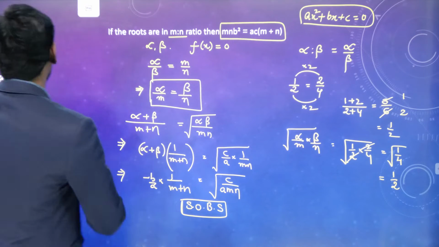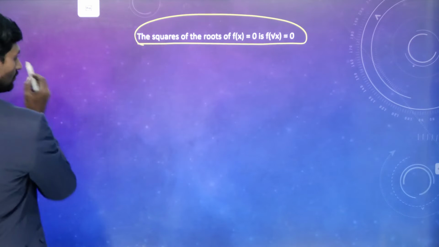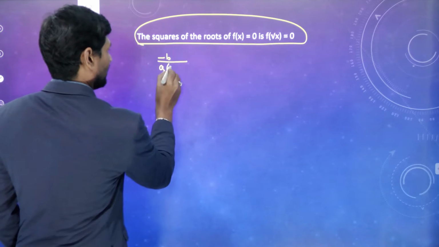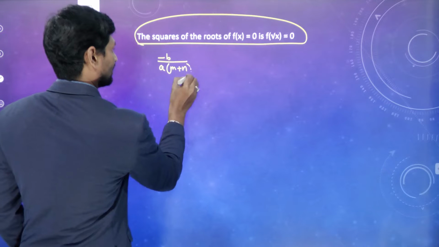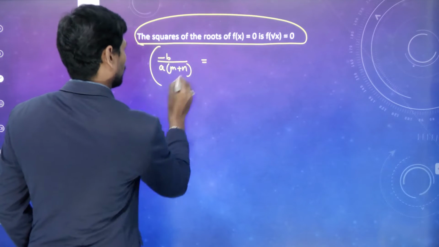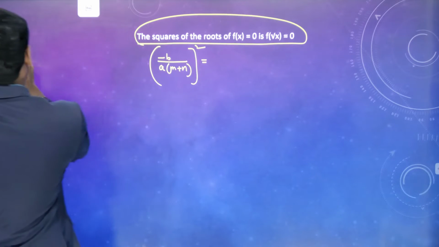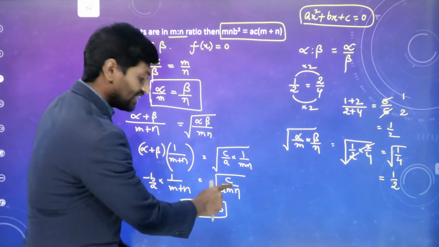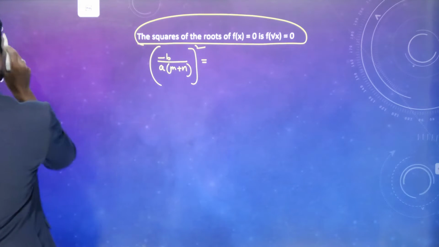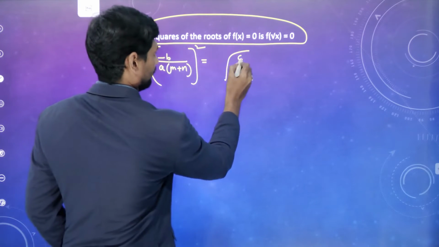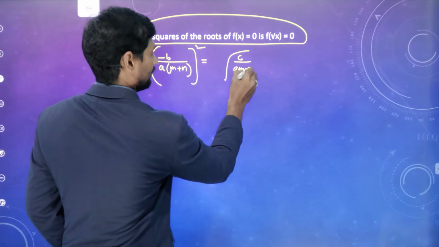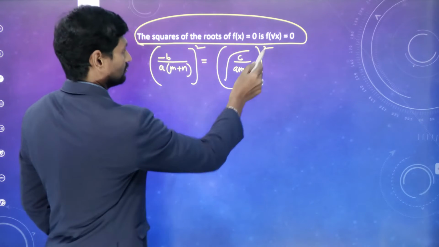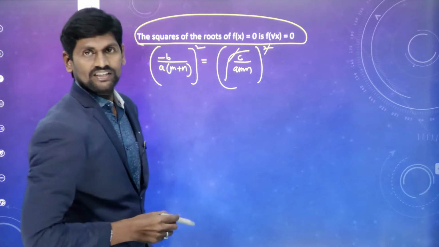Now this I can write as minus b by a into m plus n, whole square, that equals another one, root over c by a mn. Squaring on both sides, the square root cancels.